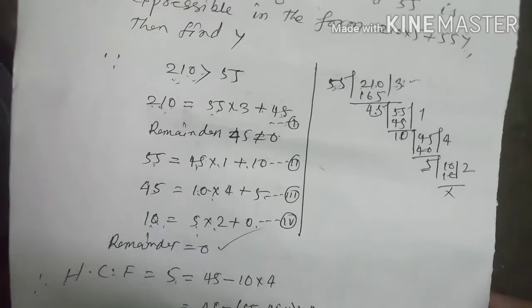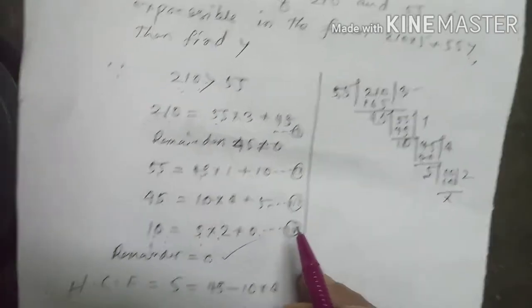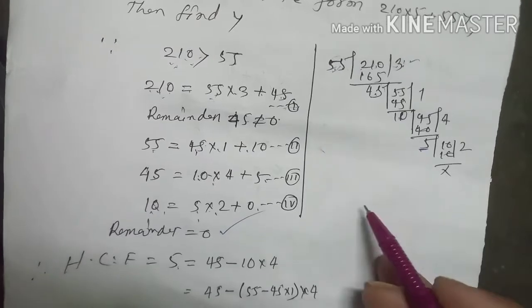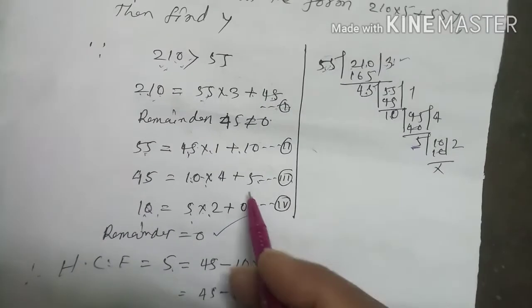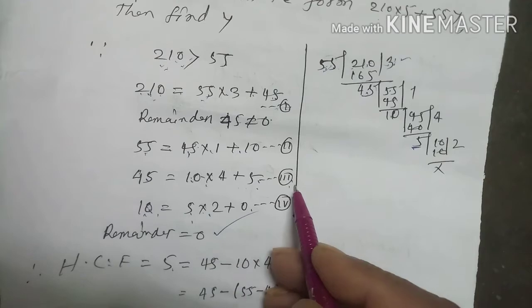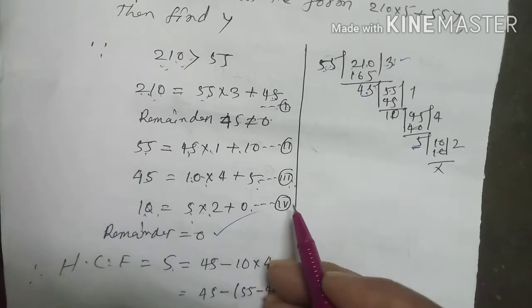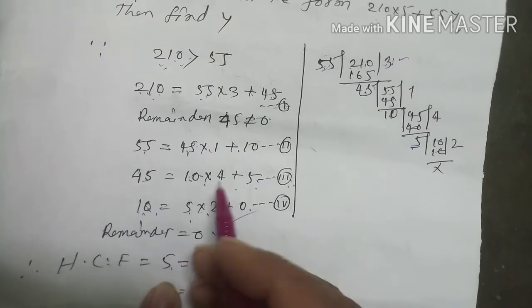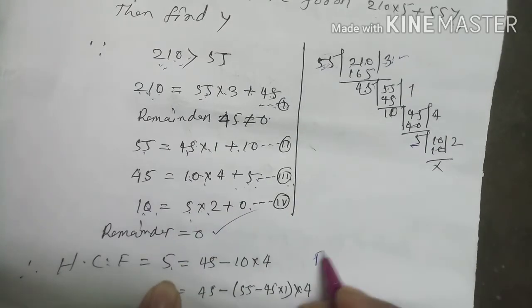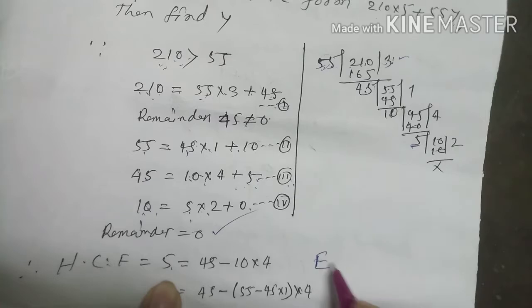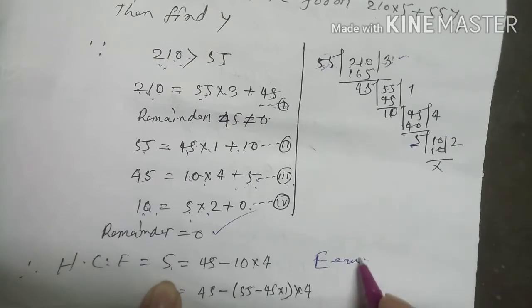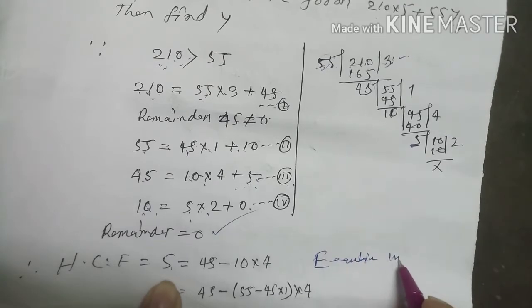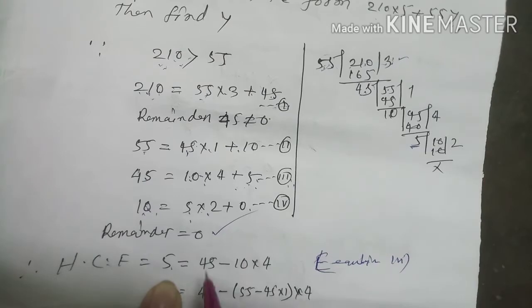To express this as a linear combination, we have to start from equation 3. HCF 5 equal to, from equation 3, 5 equal to 45 minus 10 into 4.